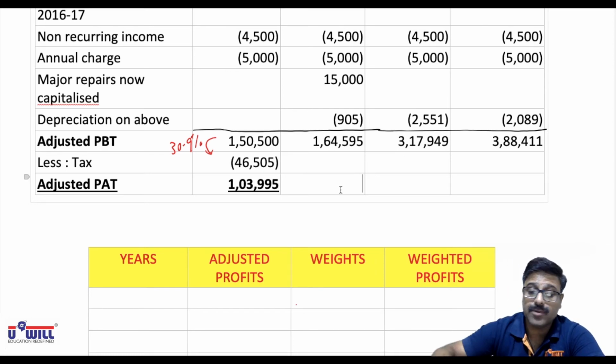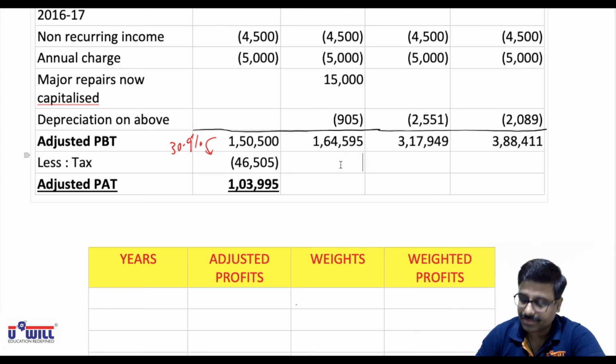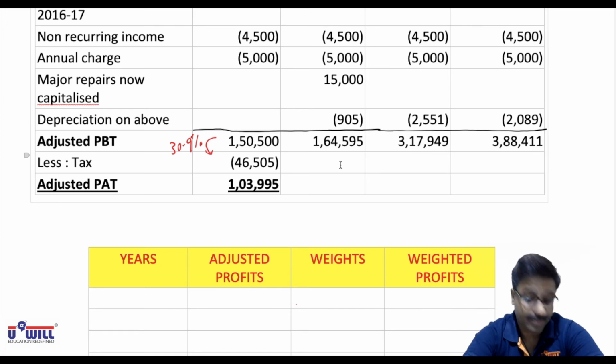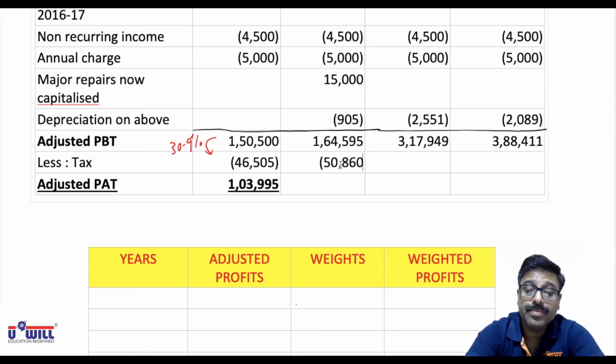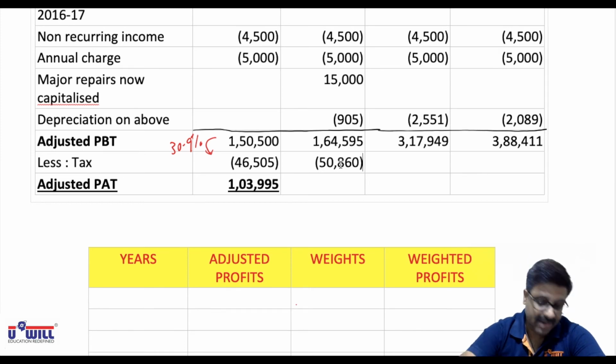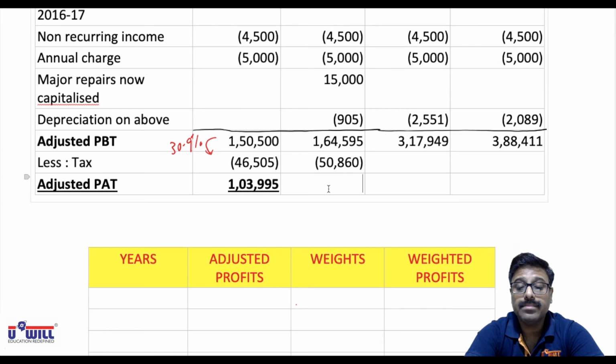Same way 164,595 into 30.9% is 50,859.8, means 860. And if we minus that, we'll get 113,735.